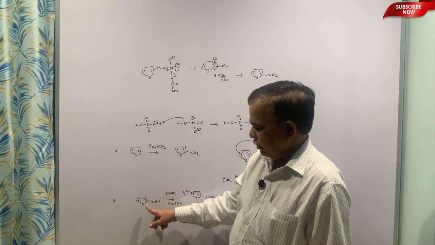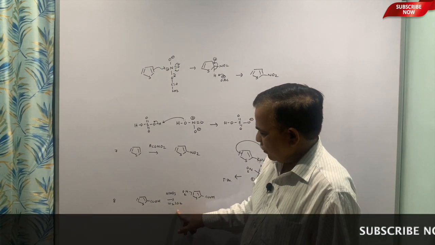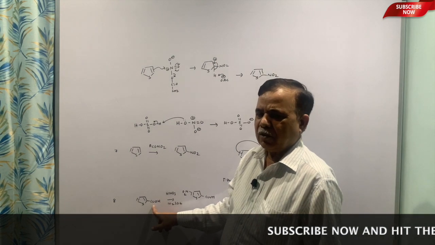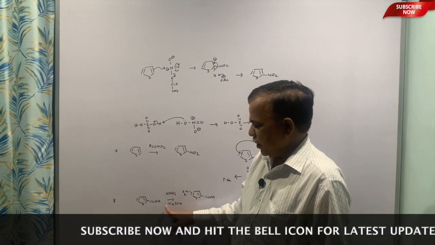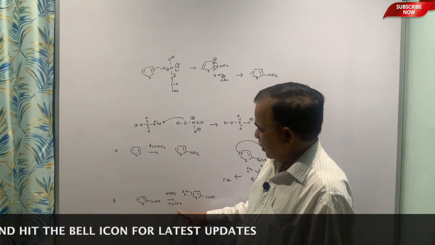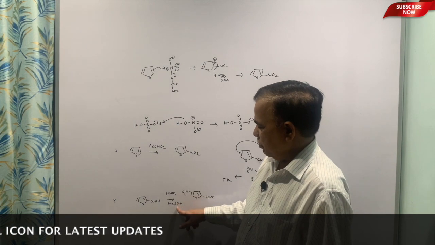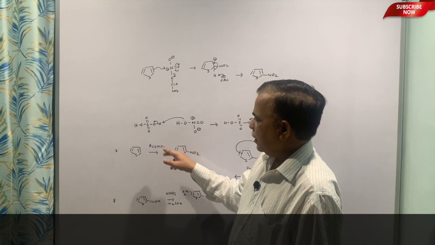The next example is the 2-carboxylic acid derivative of thiophene treated with HNO3 H2SO4. Now this is an electron withdrawing group. You can use the conventional nitrating mixture, and this nitrating mixture also makes the nitronium ion, that is the active electrophile.